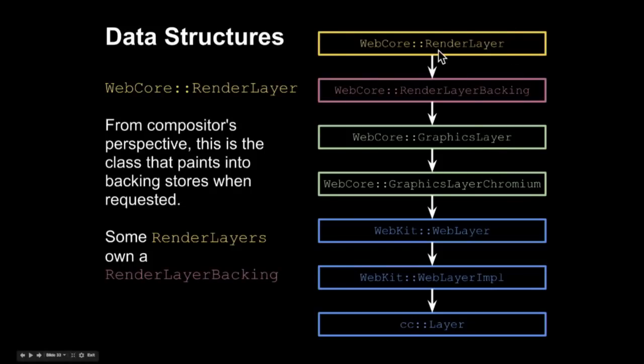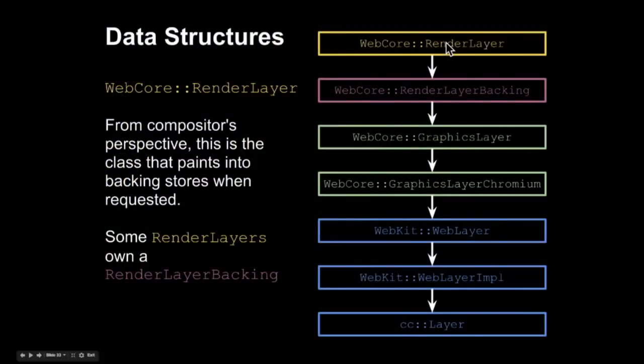So render layers, I'll just assume, are the input to our problem statement in this talk. But they actually came from taking the DOM tree and computing a render tree of render objects. That's another class in the WebCore namespace. Some of these render objects become promoted to render layers.